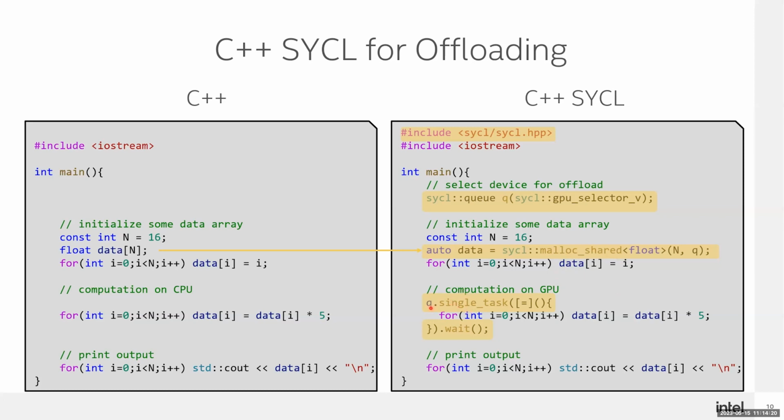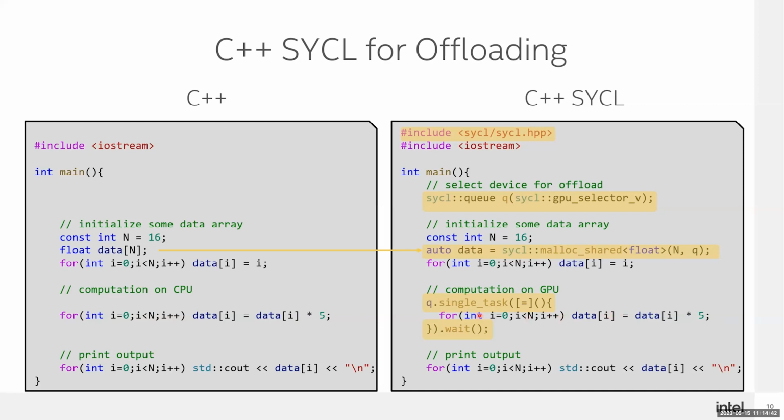Then when you go and try to offload this task, the compiler will notice that this data is now being used on the GPU. So the compiler will automatically migrate this data from system memory to GPU memory. Only then this piece of code will start executing.